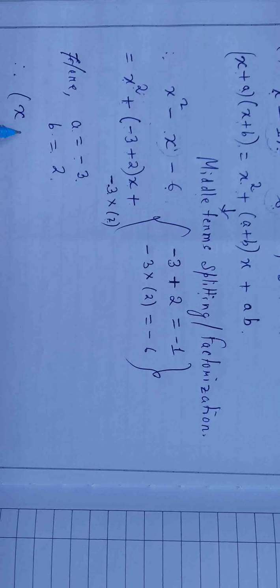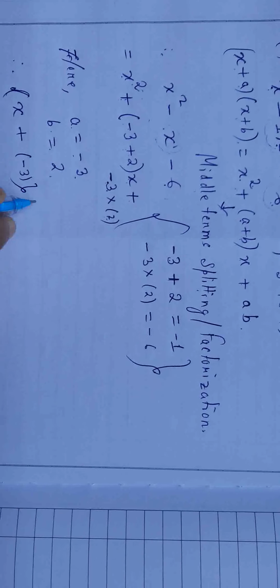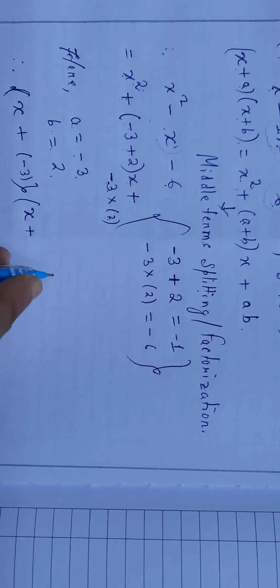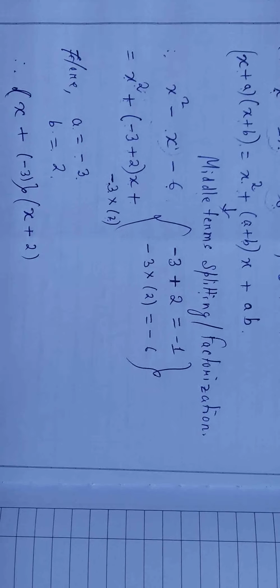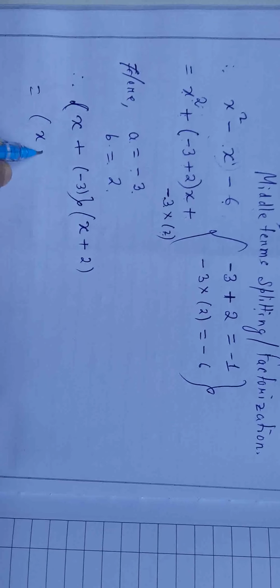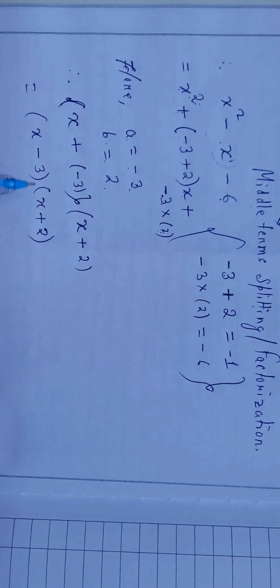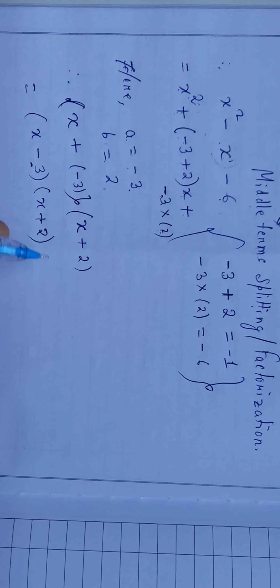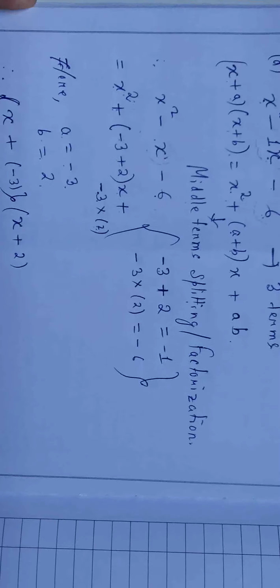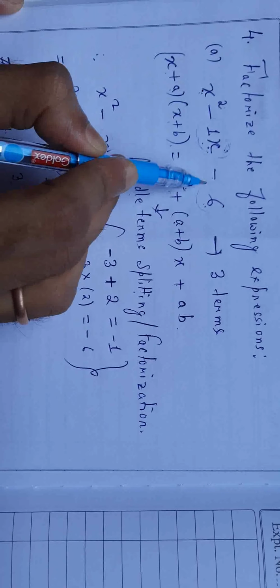So x plus a value is minus 3, and x plus b value is 2. So x minus 3 and x plus 2 are the two factors of this expression x square minus x minus 6.